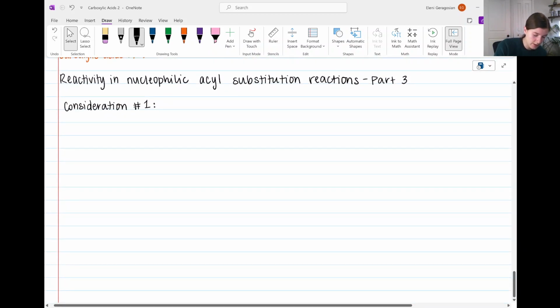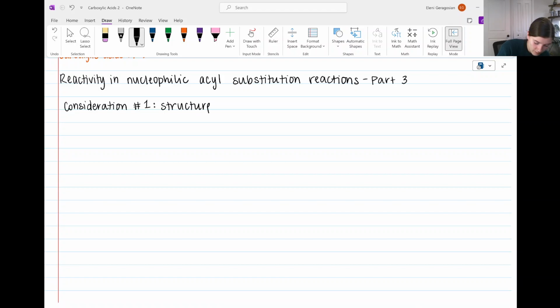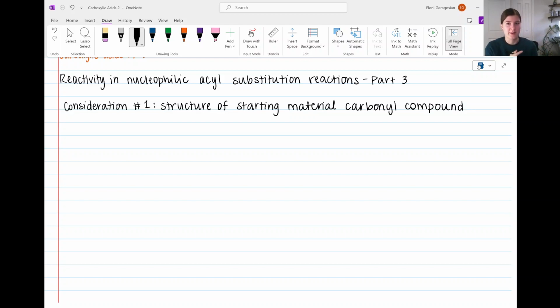So our first consideration, structure of starting material, carbonyl compound. Now remember, if we have an amide, an ester, a carboxylic acid, an acid chloride, or an anhydride, we have different structures of our starting material.